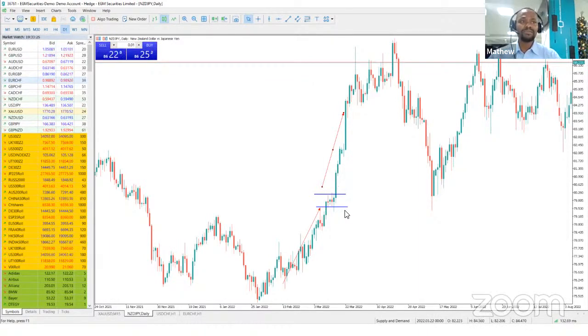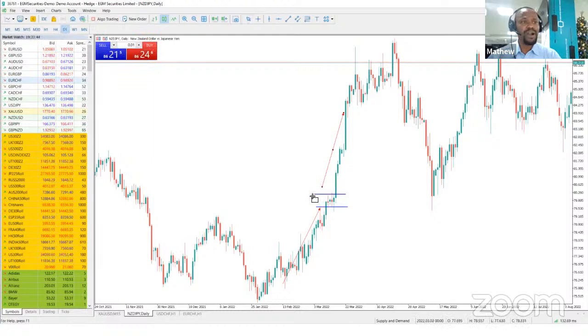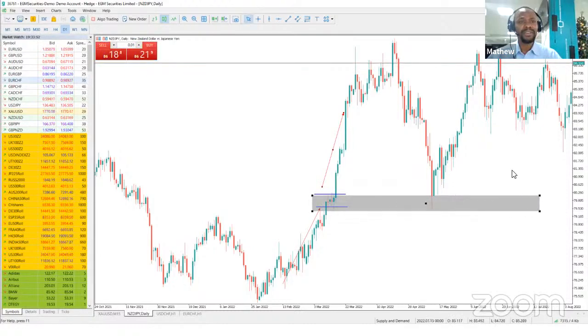So the base which was created gave us a demand zone. I want us to mark this level, and this time round I'm going to use an object, a rectangle, from the shapes. I mark off that zone and then drag it to the right.